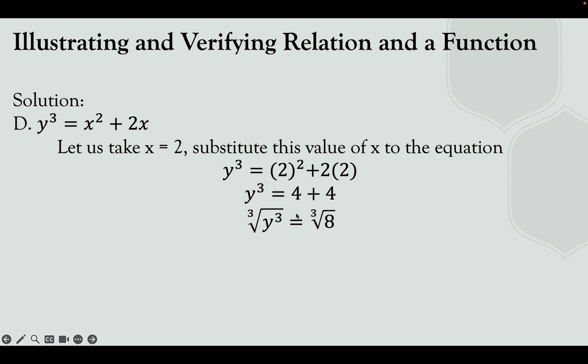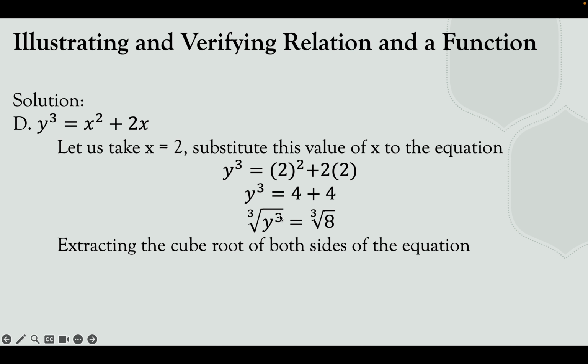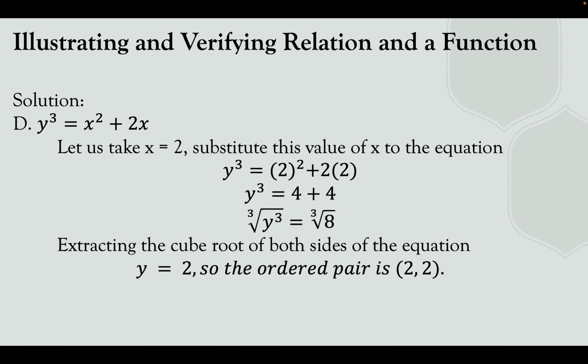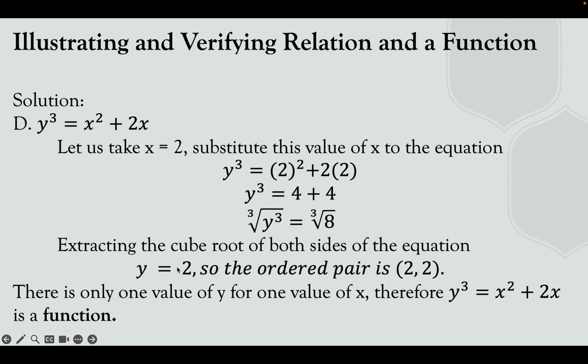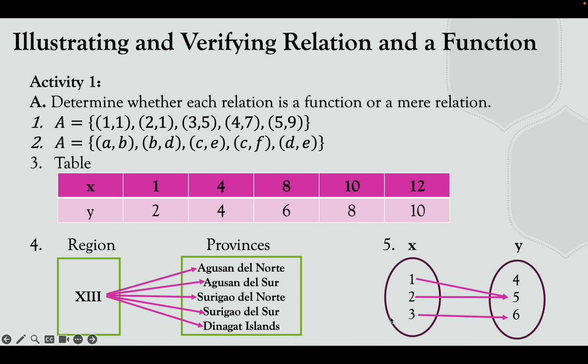We need to take the cube root of both sides. So we have y, and the cube root of 8 is 2. So the ordered pair, if your x is 2, your y is 2. There is only one value of y for one value of x. Therefore, y cubed equals x squared plus 2x is a function.